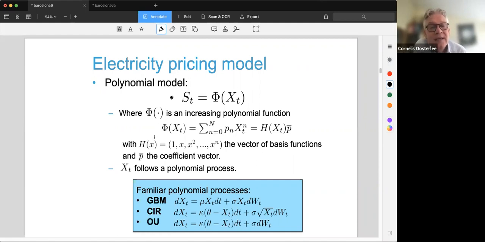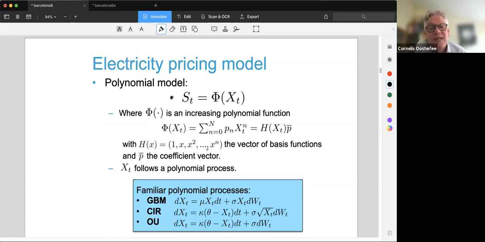So psi here, in this case, psi is an increasing polynomial function. Psi of x is the sum, n runs from 0 to n, p_n x_t to the n. So h in this case, h of x, is like 1, x, x squared, x to the n. It's really a polynomial process.